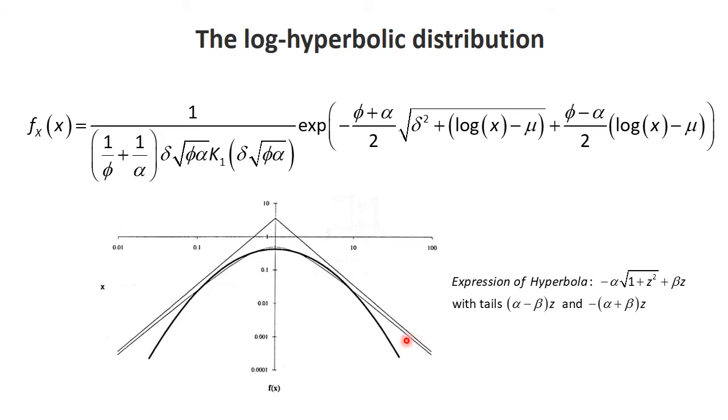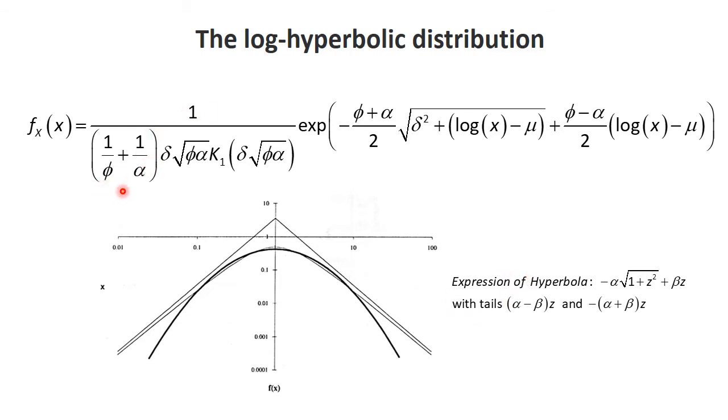If we write down the expression of this hyperbola, it is simply this expression here, where the tails are given by some parameters. I think the beta has to be a phi; I will check on that.